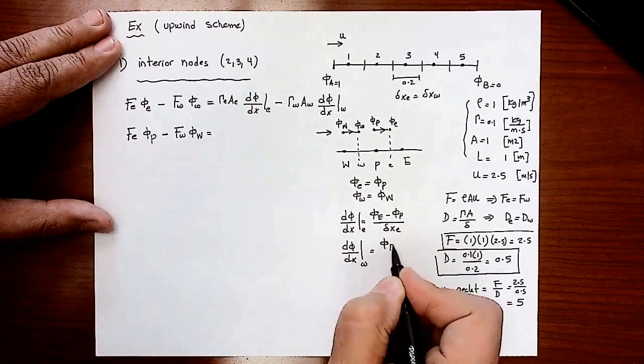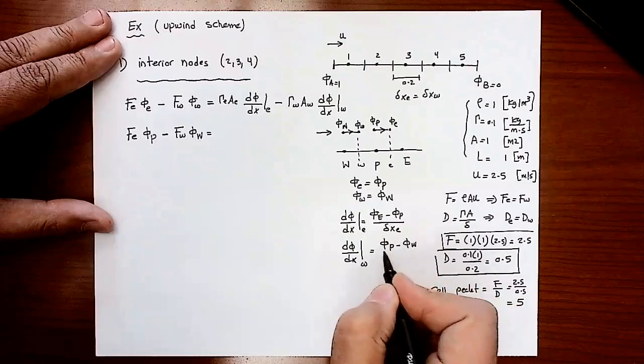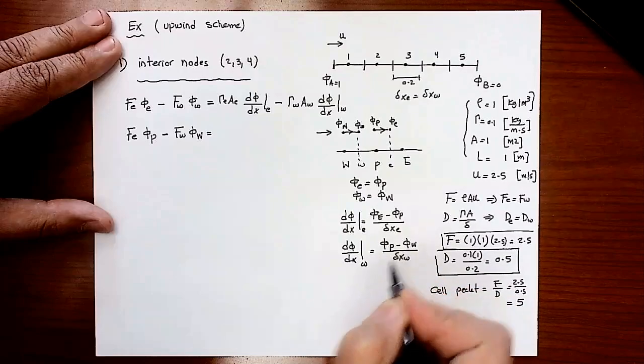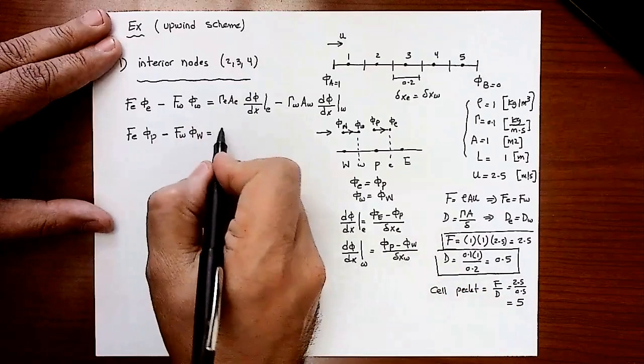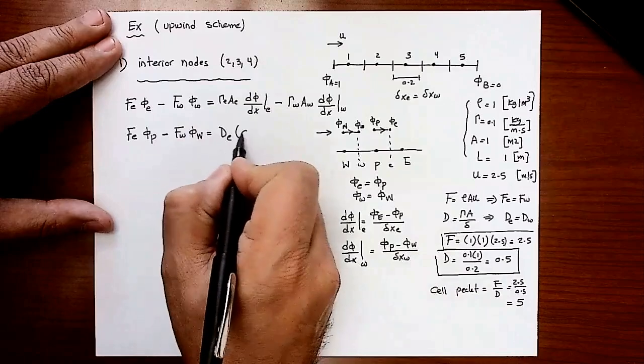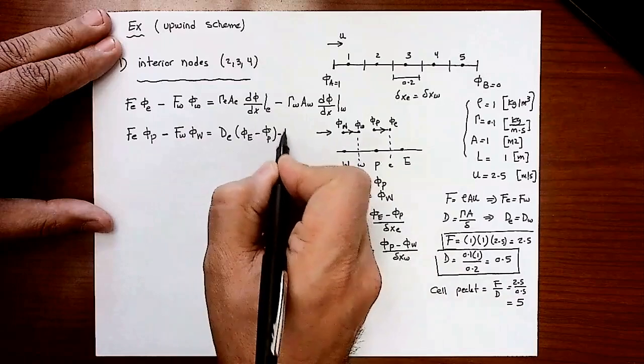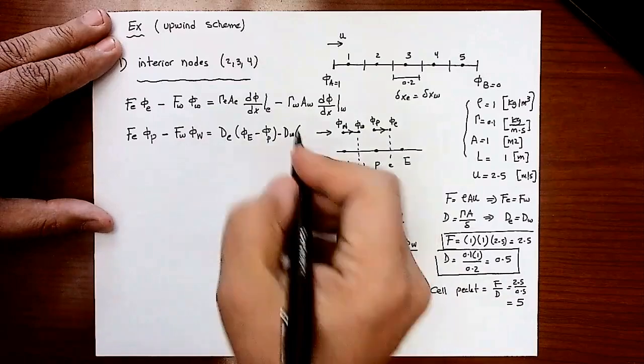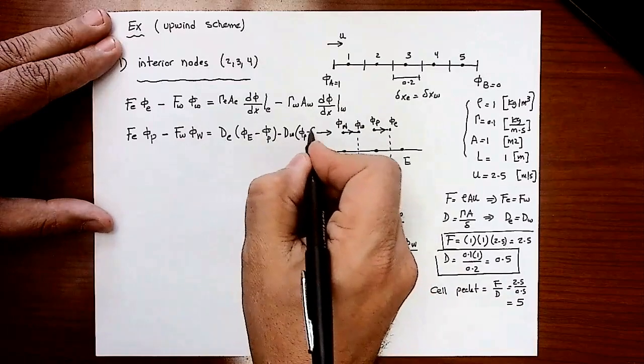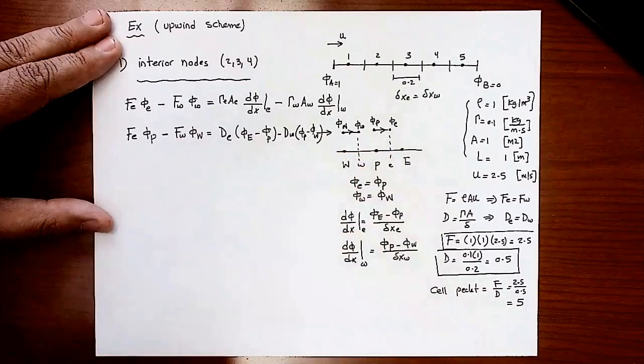It's going to be phi p minus phi west divided by delta x west. So when I substitute here, I will end up having D east times phi east minus phi p, minus D west, and this will give me phi p minus phi w.